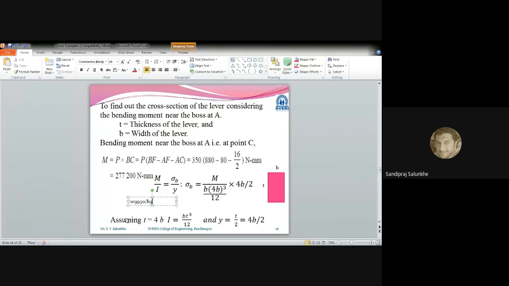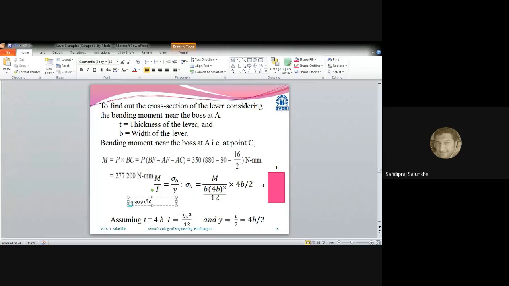Sigma B is equal to this much, divided by b cube.